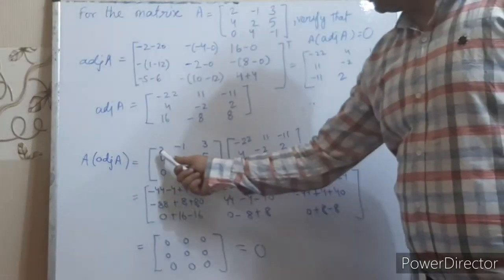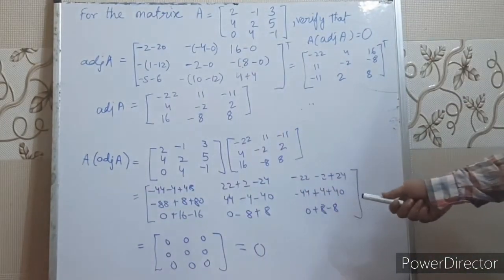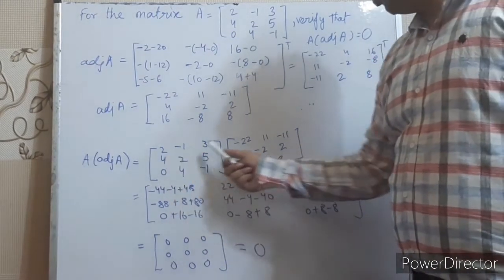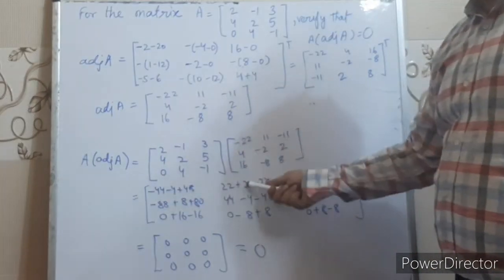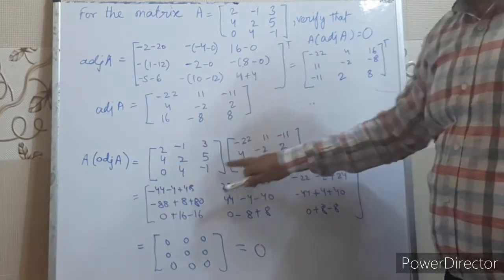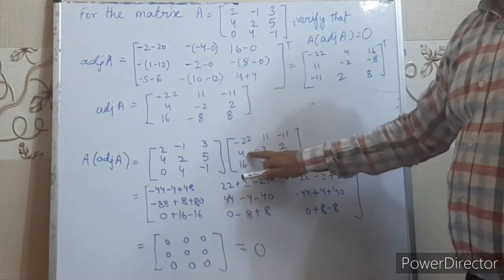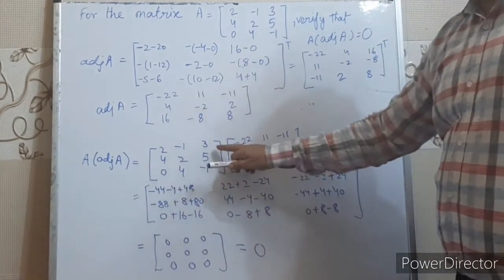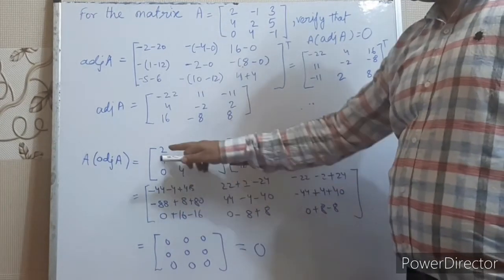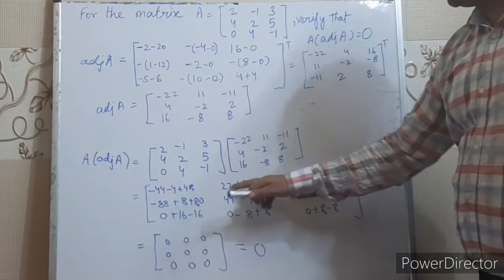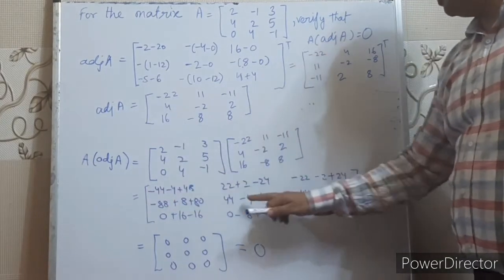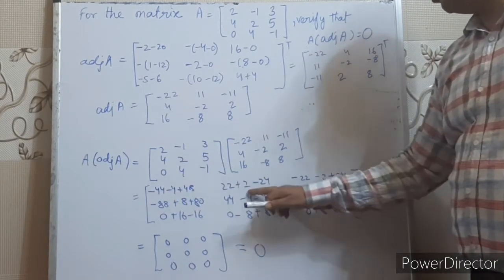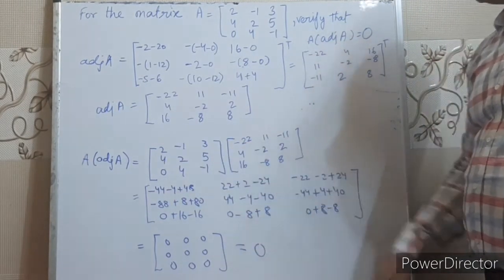Okay. Now when we multiply this matrix row by column, what will we get? First row and first column: 2 into minus 22 is minus 44, minus 1 into plus 4 is minus 4, 3 into 16 is 48, right? First row, second column: 2 into 11 is 22, minus 1 into minus 2 is plus 2, and 3 into minus 8 is minus 24.